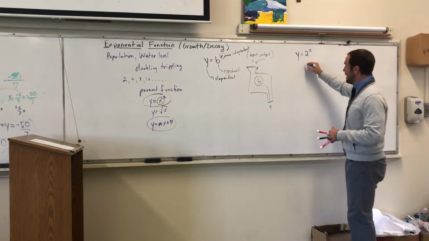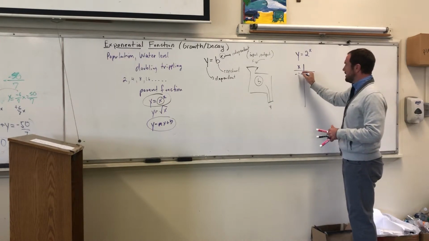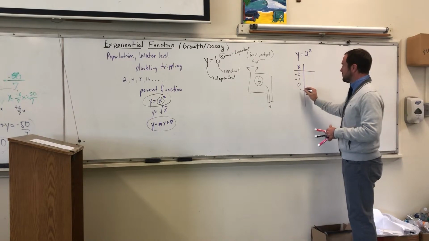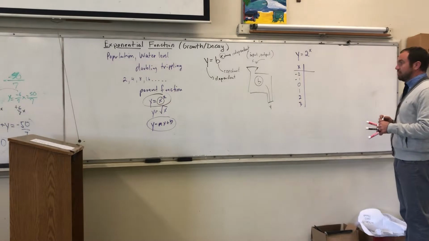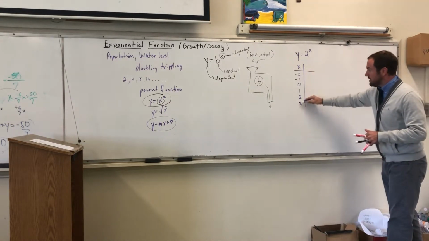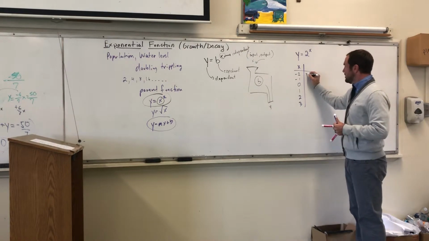Now if you look at a table of this and you put in values for x, like -2, -1, 0, 1, 2, 3, you'll see it has a trend. First, you see it has some fraction results here.